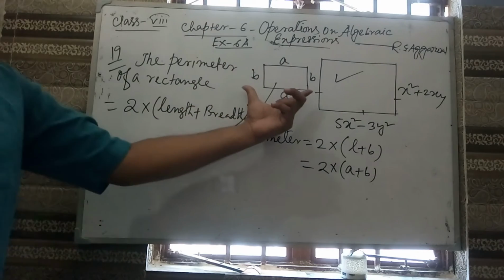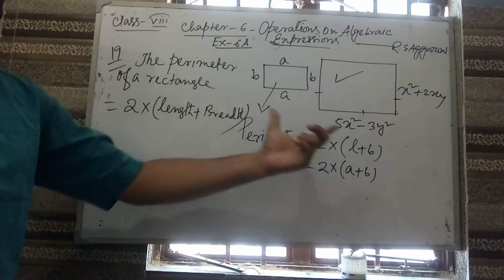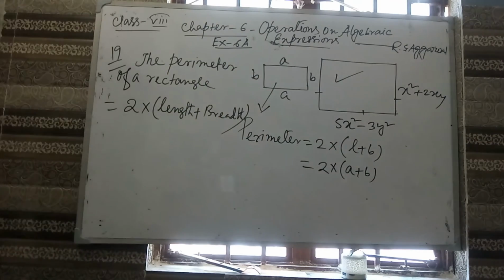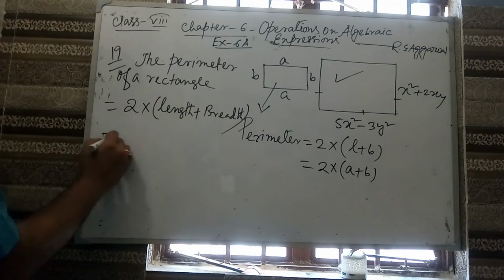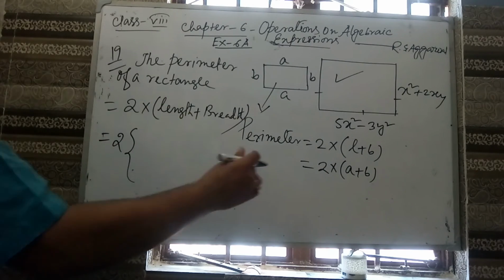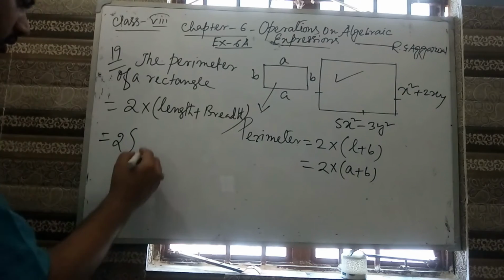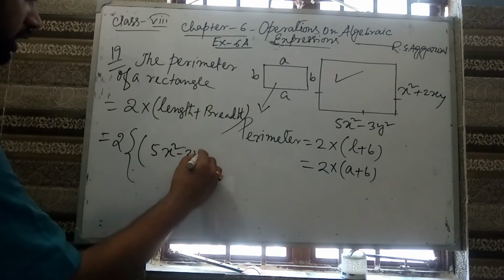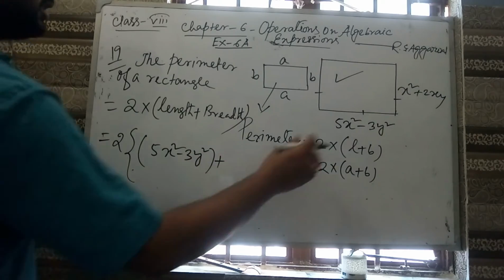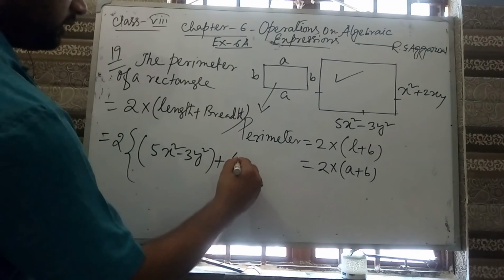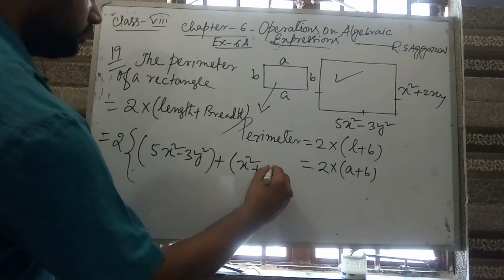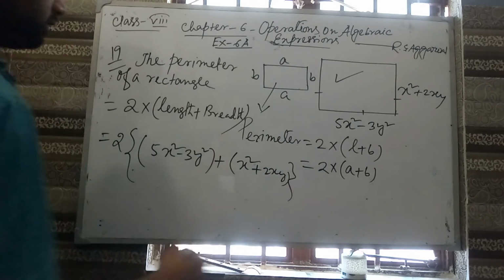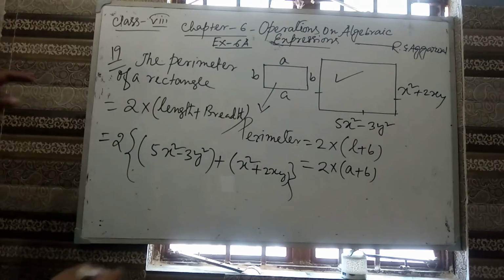Now if you need, for your benefit, you can draw this figure also and write down the formula. Okay, so 2 into, we have considered this one as the length, so write it here, 5x square minus 3y square plus breadth is this one, x square plus 2xy, second bracket close. This much unit.